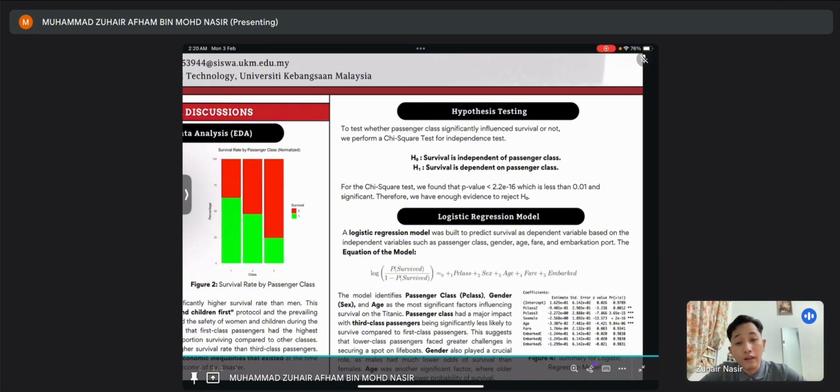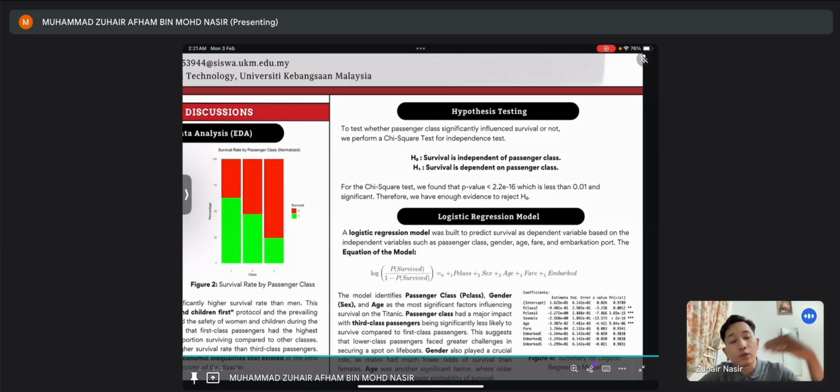We set H null, the null hypothesis, as survival is independent of passenger class, and H1, the alternative hypothesis, as survival is dependent on the passenger class.